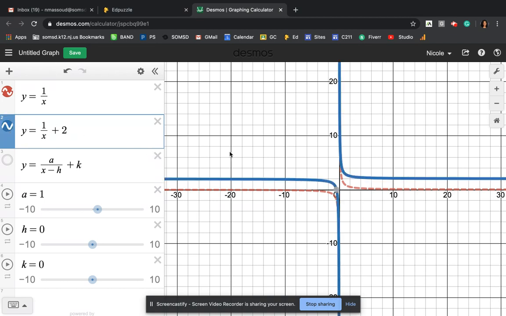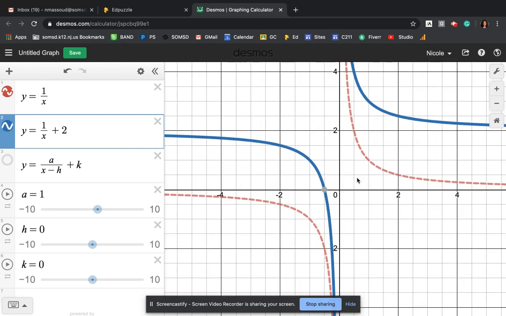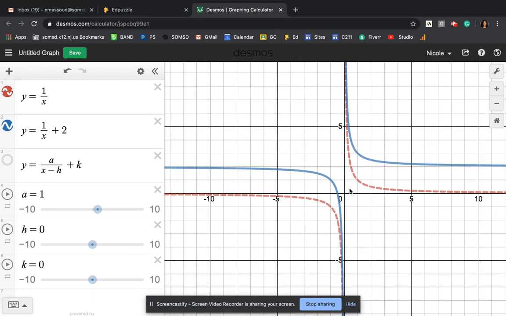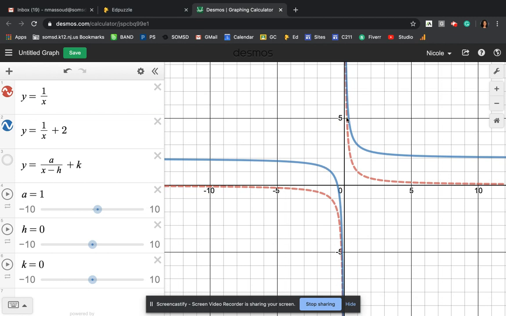It is going to move it up 2 units, right? So the function looks exactly the same, except it literally went from here up 2, right? From here up 2. Every single point on the graph went up 2. Even here, it went up 2.